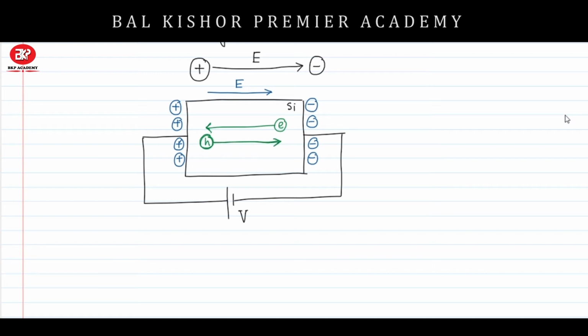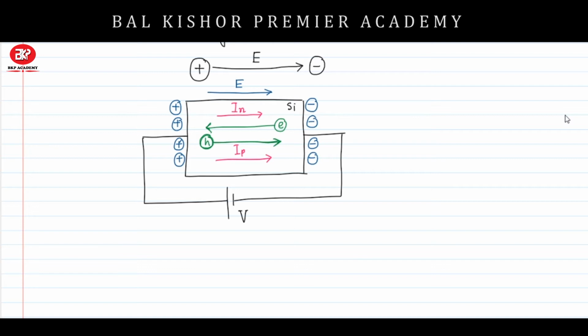So due to the electron movement in the opposite direction of the electric field, we will get a current due to the electron in this direction. I am denoting it as IN. IN is the current due to the electron, because current always flows in the opposite direction of the electron movement. For the movement of the hole I will get the current IP, which will be directed in the same direction as the hole movement.